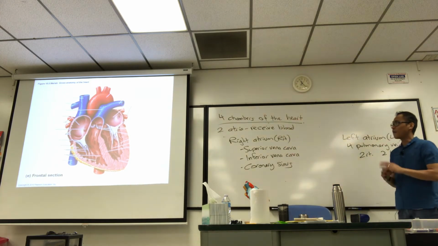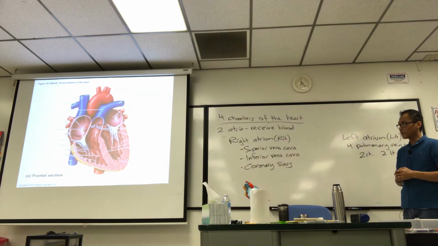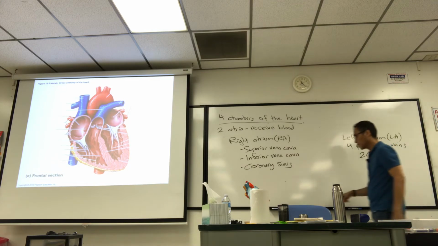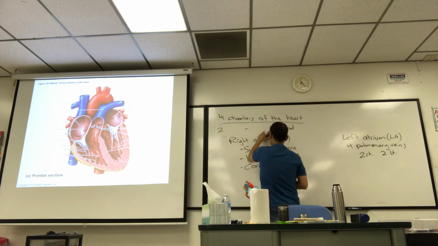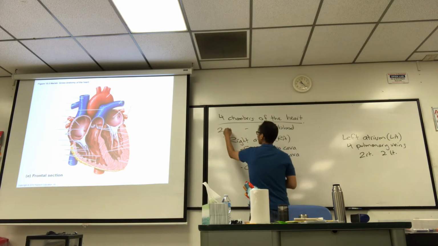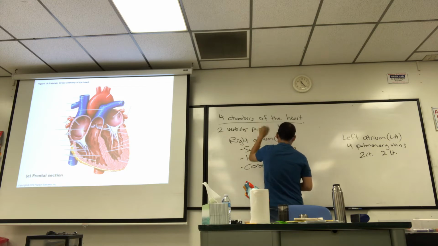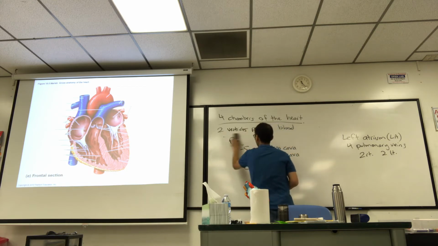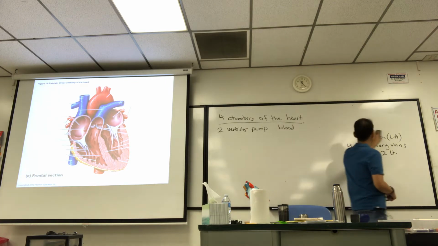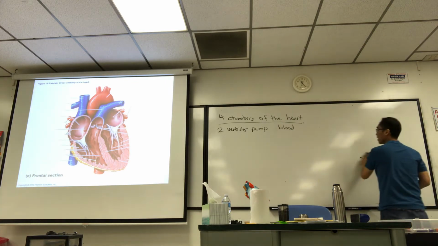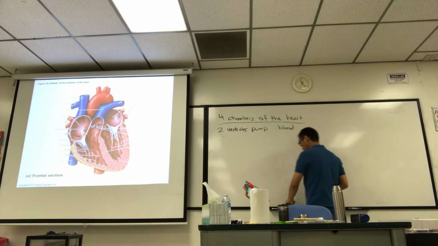The other thing you have are the two ventricles, and these are the pumping chambers. Two ventricles, pump blood. You got RV and LV. Right ventricle, left ventricle.